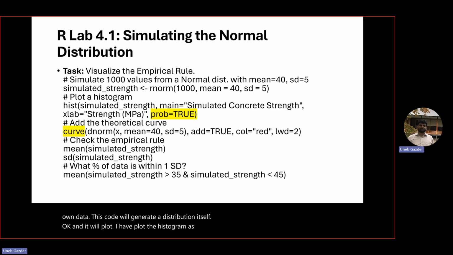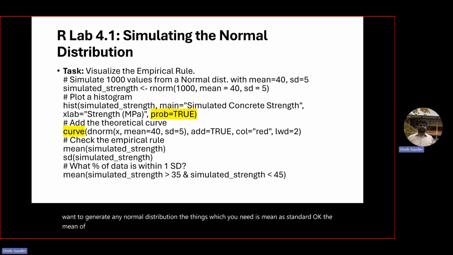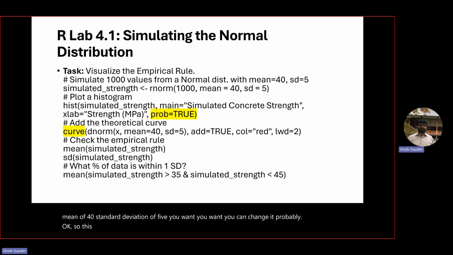For a normal distribution, the things you need are the mean and standard deviation: a mean of 40 and a standard deviation of 5. If you want, you can change it, no problem. This will generate the data and store it here.